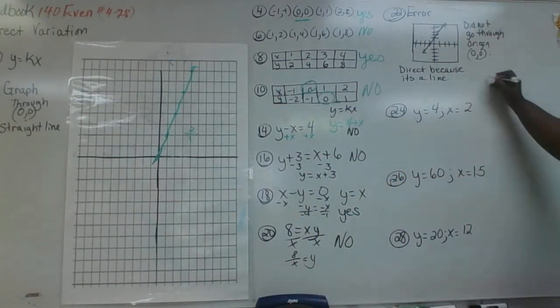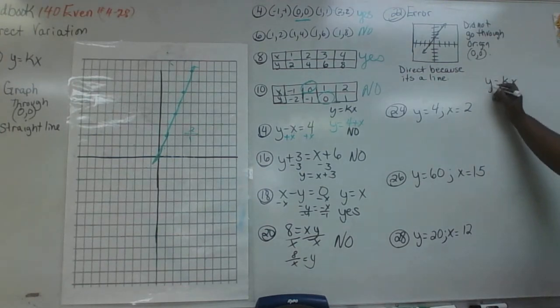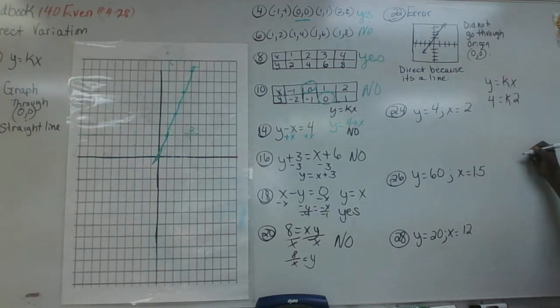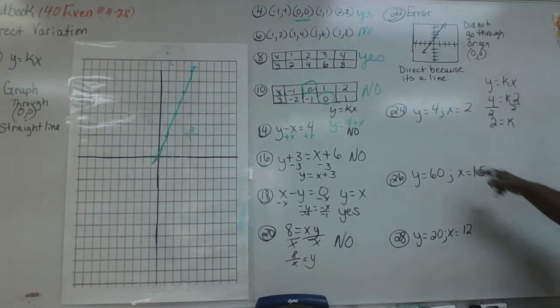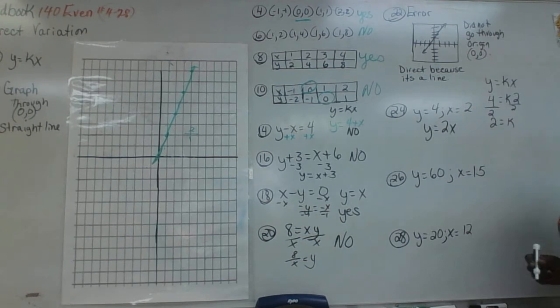First, y equals kx. Plug in the y, which is 4, equal to k, x is 2. Isolate k, dividing both sides by 2, and we discover 2 is equal to k. So this should be written as y is equal to 2x. That will be direct variation form.